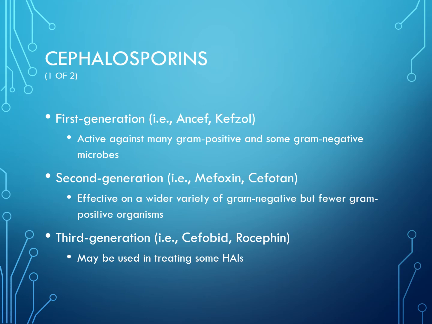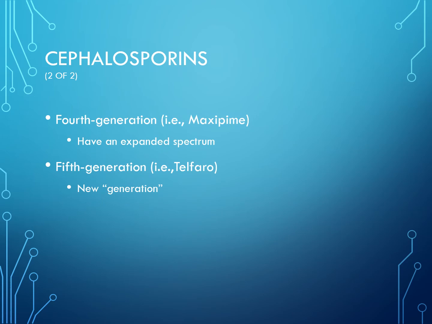So the first generation, this is going to include Ancef and Kefsol. The second generation, Mefoxin and Cefotan. And then the third generation, these may be used in treating some HAIs as well. And this would be Cefobid and Rocephin. The fourth generation, Maxipime, this will have an expanded spectrum.